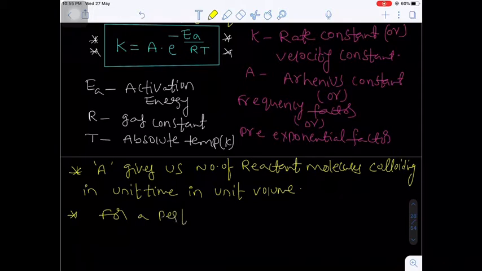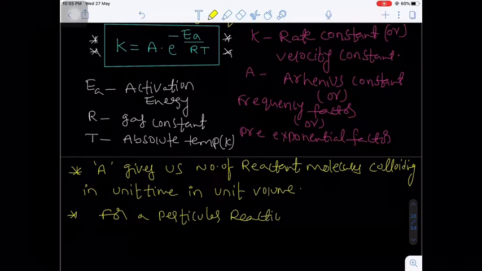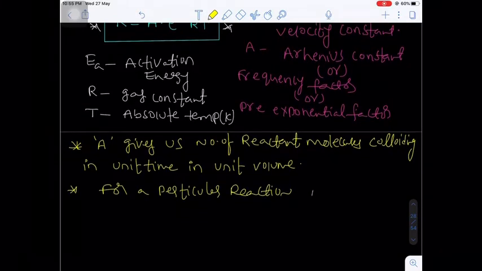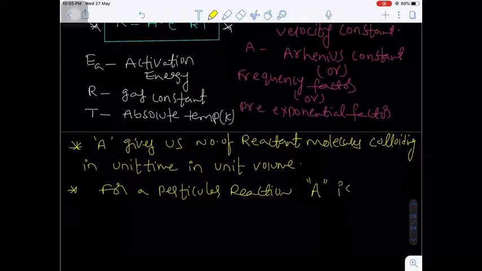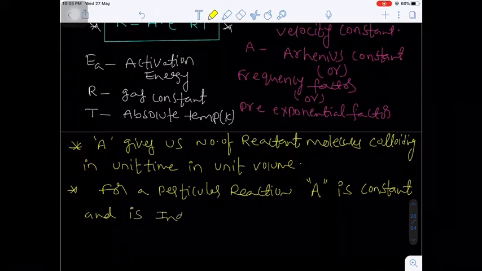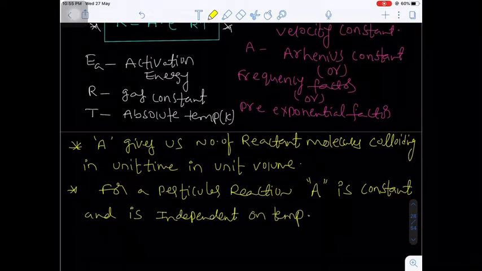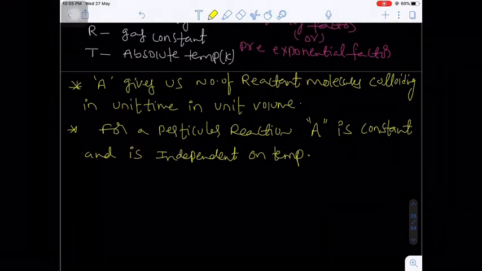For a particular reaction, capital A is constant and is independent of temperature. Okay, next, one more point is there.